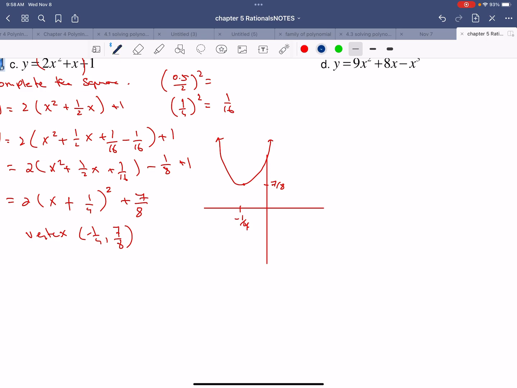Now for the reciprocal, the point is going to be the reciprocal of 7/8, which is 8/7. So it's right here. Now this side is increasing, so the other side is going to be decreasing.